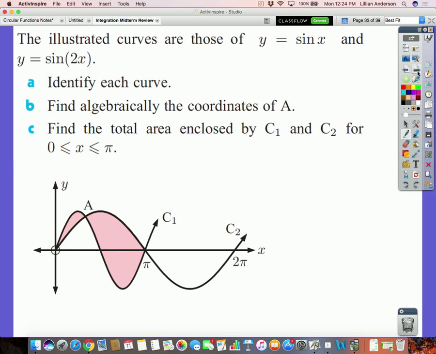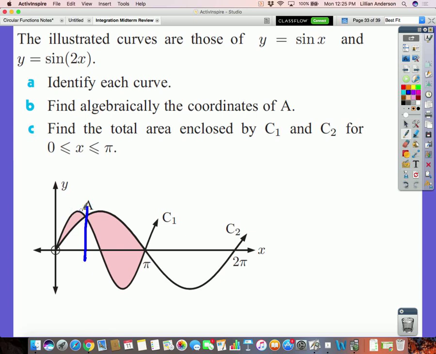Ones like this, though, we're not going to work this one out because we're just out of time. But if you look at the area of the shaded region, you see how it's split up? From 0 to whatever this x value is, which curve is on the top? C1.